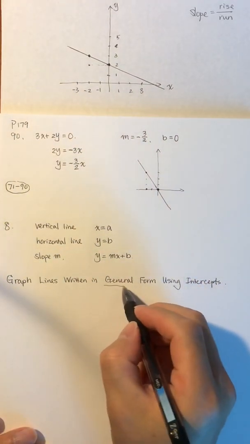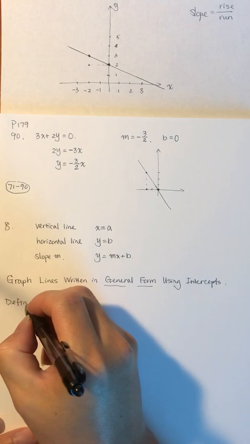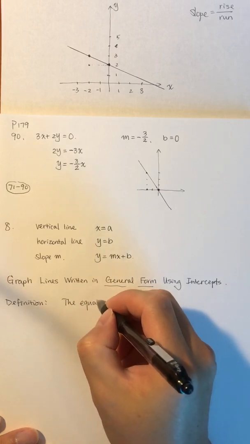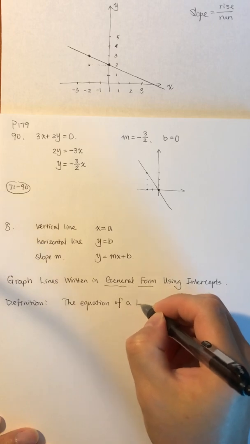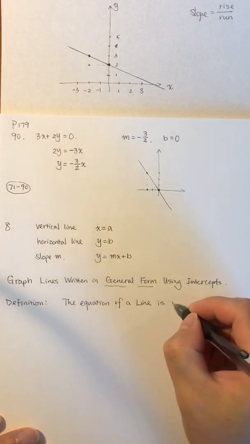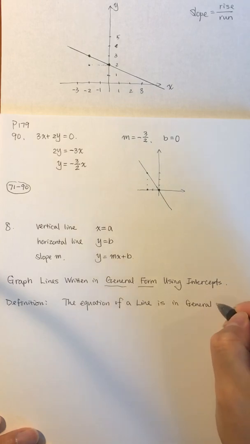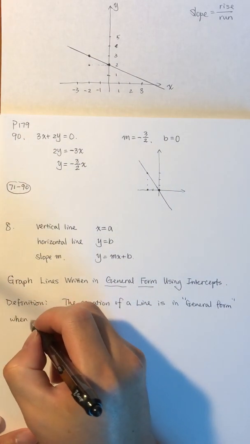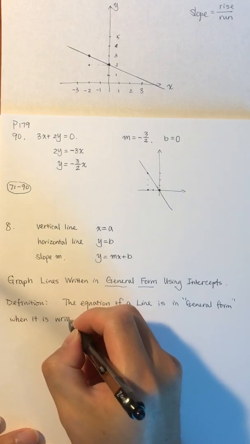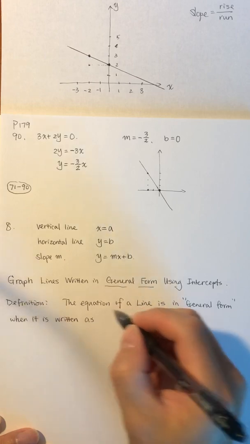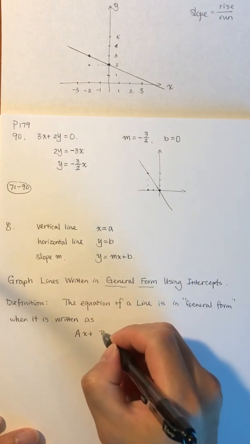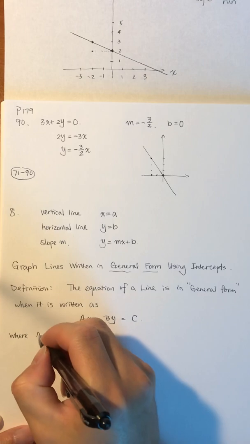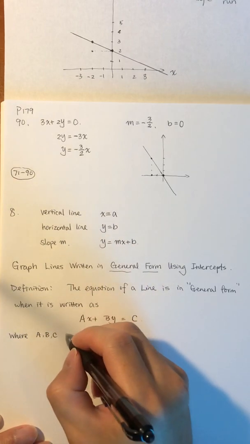So first, what is a general form? Let's see the definition. The equation of a line is in general form when it is written as ax plus by is equal to c, where a, b, c are real numbers.